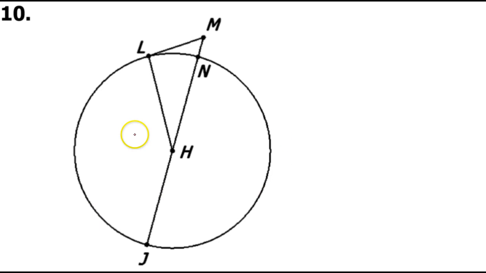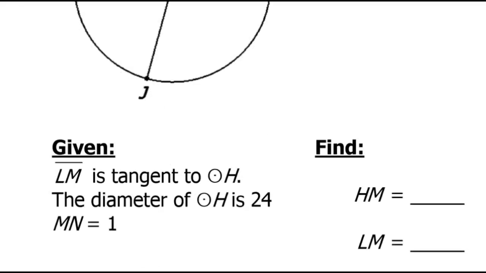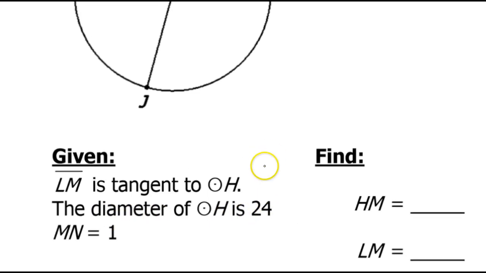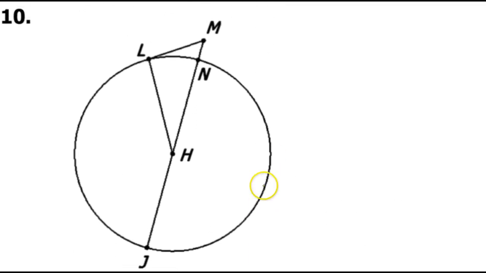Last problem, we've got this picture. Let's scroll down and see what we are given. We're given that the diameter is 24. Now, we know that the diameter goes from one side of the circle to the other, right through the center.